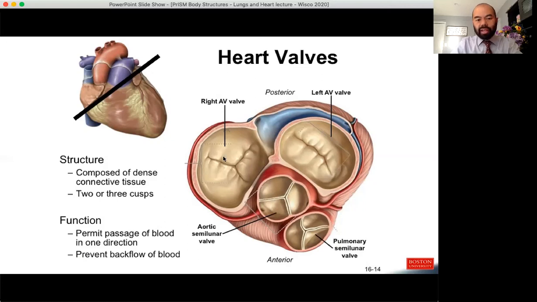And then on the right side of the heart is the right atrioventricular valve, and on the left side is the left atrioventricular valve, also known as the tricuspid and mitral valves. Something really cool here is you can see the little ostia or holes in the aortic semilunar valve, which correspond to the left coronary artery and the right coronary artery. So that's pretty cool.